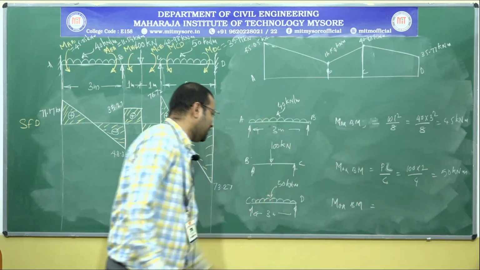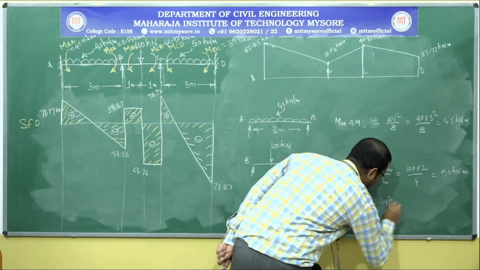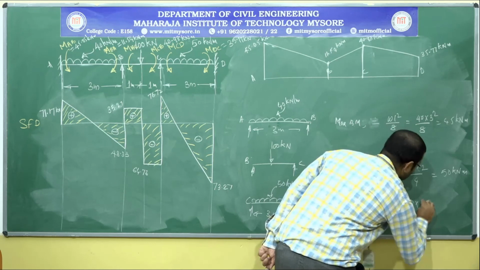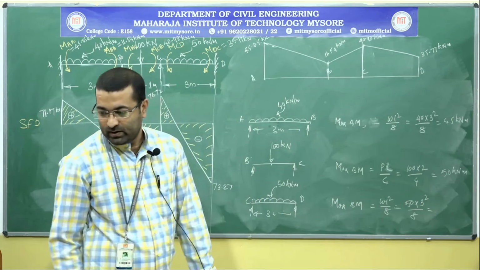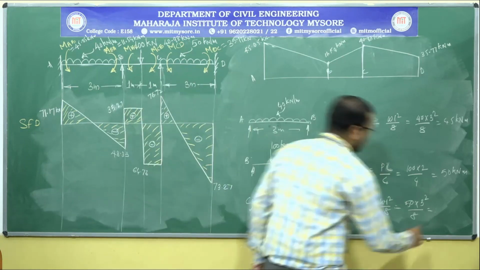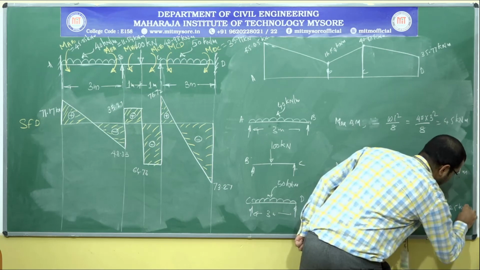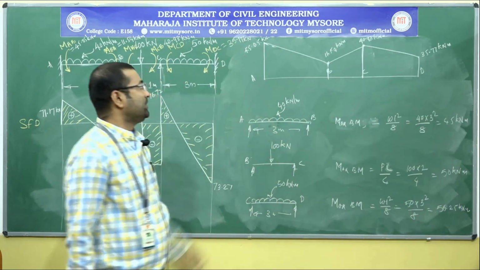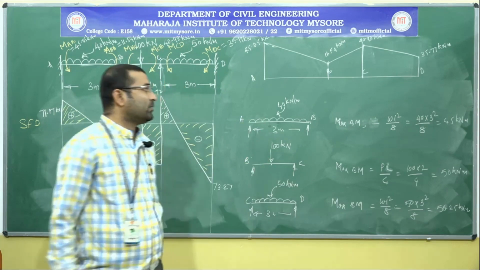Here the maximum bending moment will occur exactly at the center, that is WL square by 8. So it is 50 into 3 square by 8, which yields to 56.25 kilonewton meter.